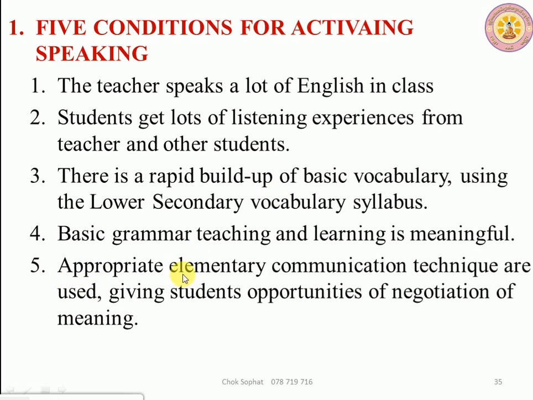Number five, appropriate elementary communication techniques are used. Give students the opportunity for negotiation of meaning. So this is the technique by which the students can be active in speaking.